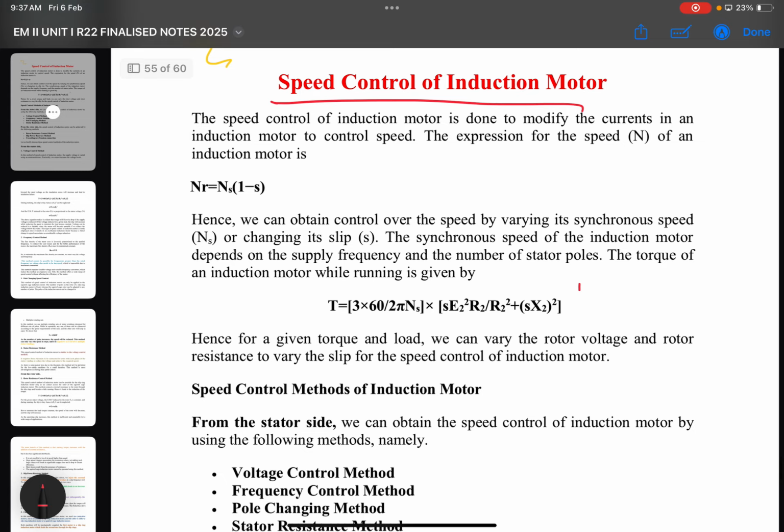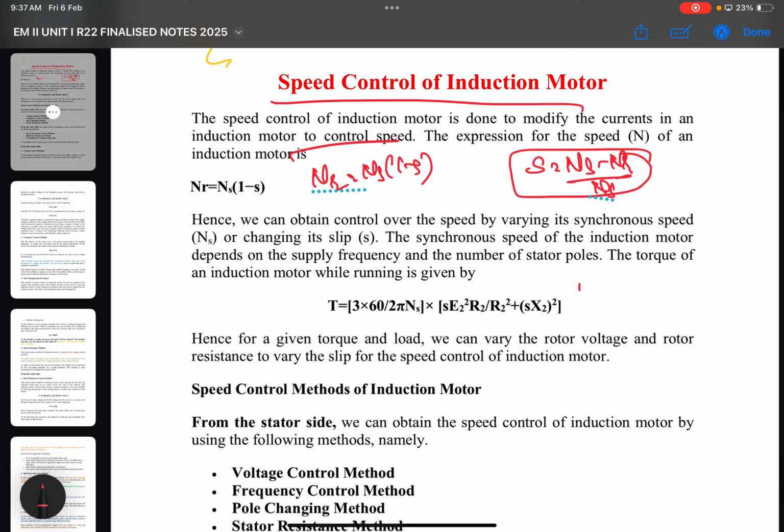We already know the slip formula: slip equals (ns minus nr) by ns. If I rewrite it, nr equals ns into (1 minus s).